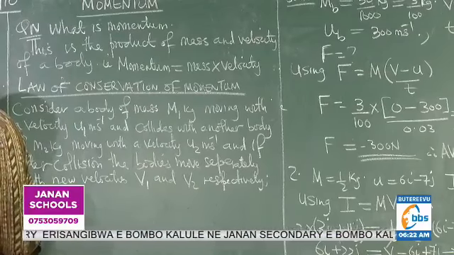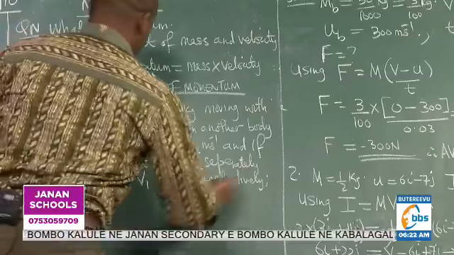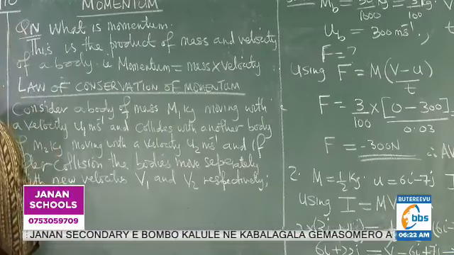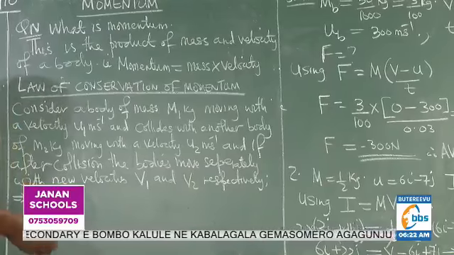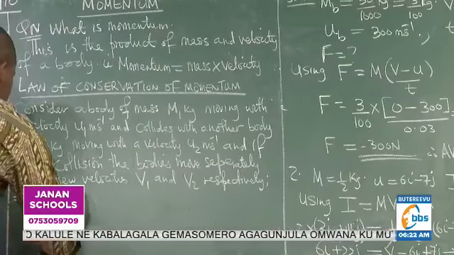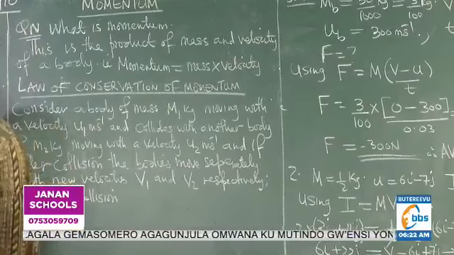Then we can look at the expressions. They move separately with different velocities, v1 and v2. This would imply that if we look at these cases, we can look at a case now before collision. What is happening?